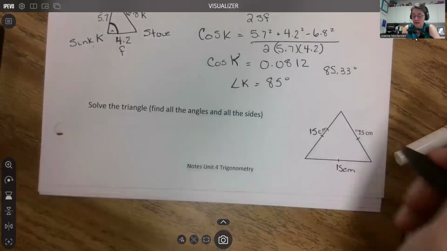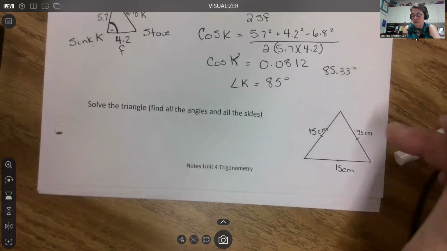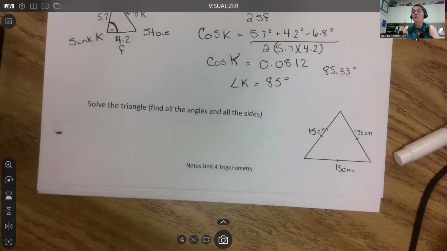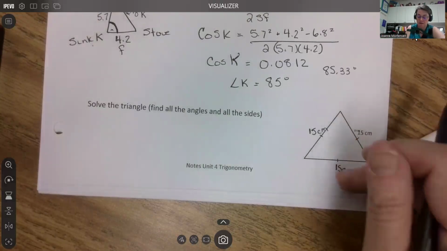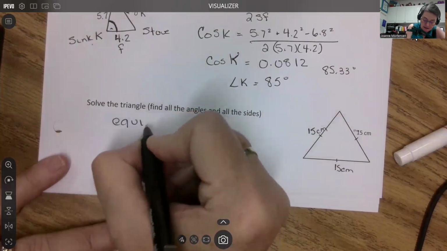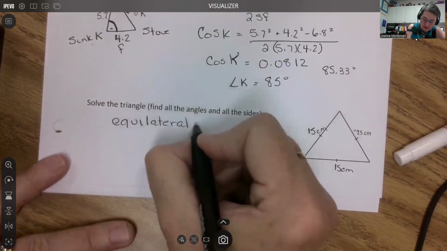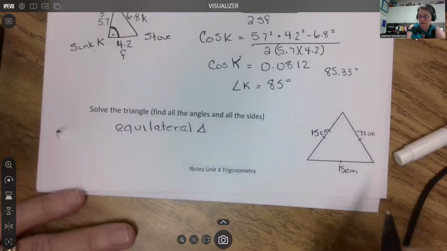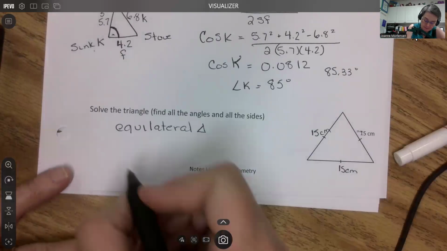If you had one line and then these ones had two, that would mean these two were the same length and this was the oddball, but they're all exactly the same, which means, do you remember what the name of the triangle is? Equilateral triangle, which can also be known as equiangular.